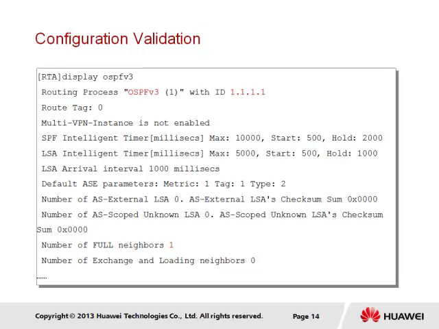Most notably, we find that the process is enabled with the router having been assigned the router ID of 1.1.1.1. If configuration of OSPFv3 has been successfully completed on the peering router, we should also find that a full adjacency with the neighbor is established, which is validated by the number of full neighbors showing currently as 1.